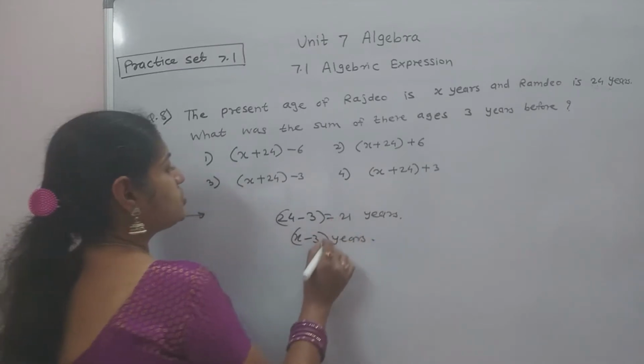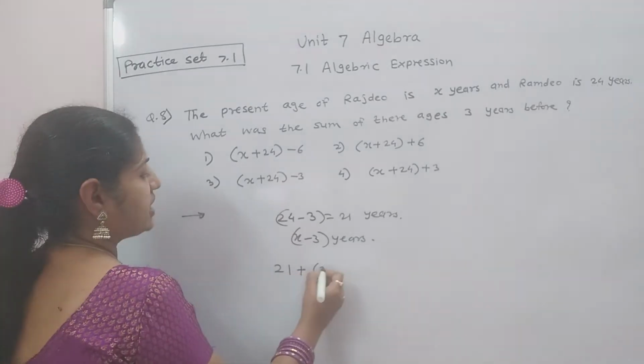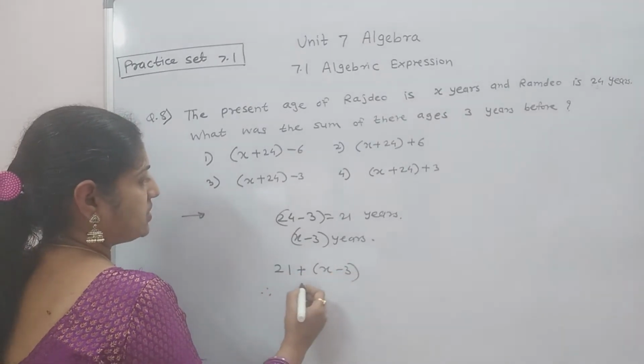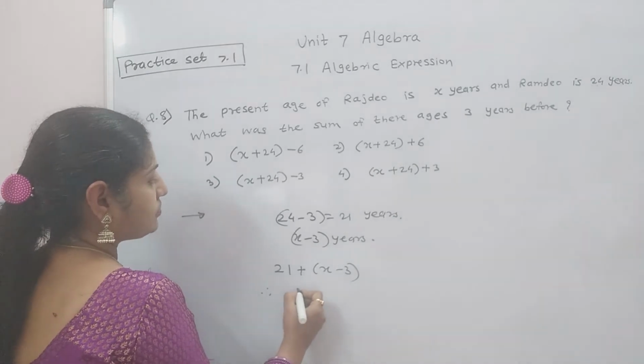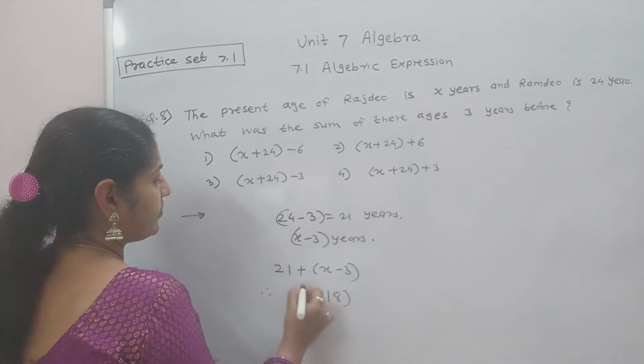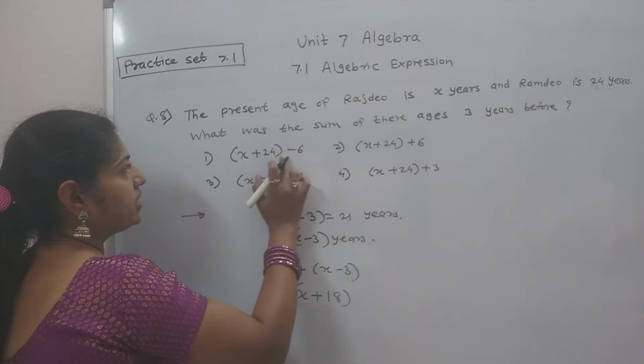The addition of these two is 21 plus x minus 3, which is x plus 18. 21 minus 3 is 18.